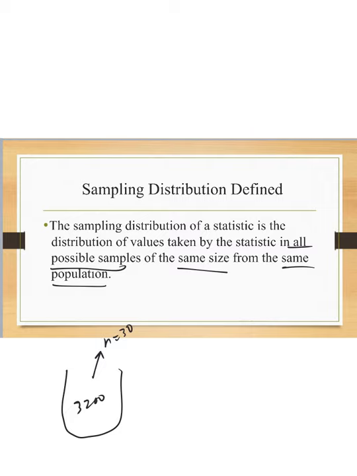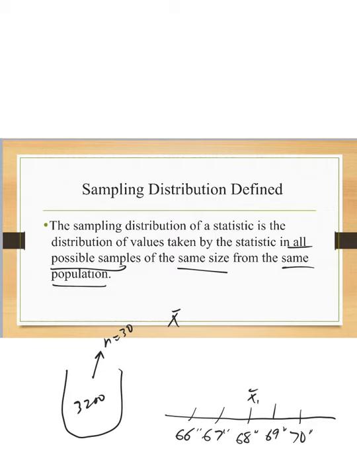So what we do then is, let's say we're looking at heights, and heights may be centered around 68 inches in our building. And so what we do is we essentially take out one sample of 30 and we find their X bar. And their X bar happens to be 68 inches. So that's our first sample.